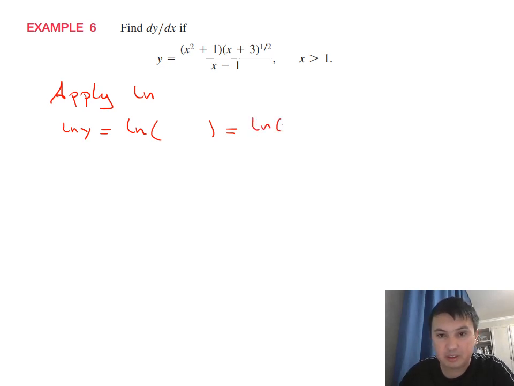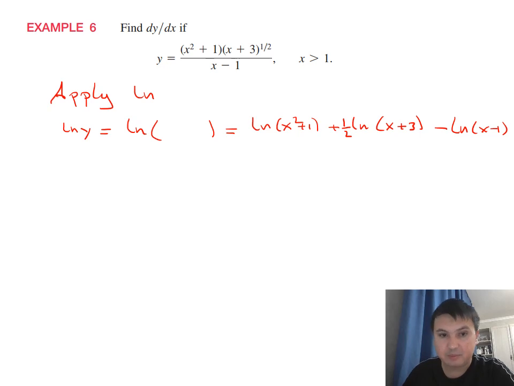We get ln of x squared plus 1 plus ln of the square root term, which is x cubed plus 3x to the power 1/2, and then the x minus 1 term is divided, so it becomes minus ln of x minus 1, right? In fact, what is this power 1/2? Well, I can put it in the front, and then erase this power.